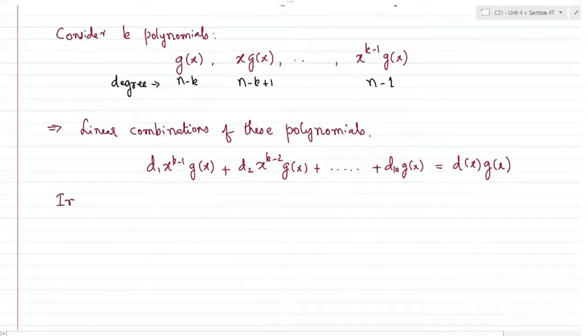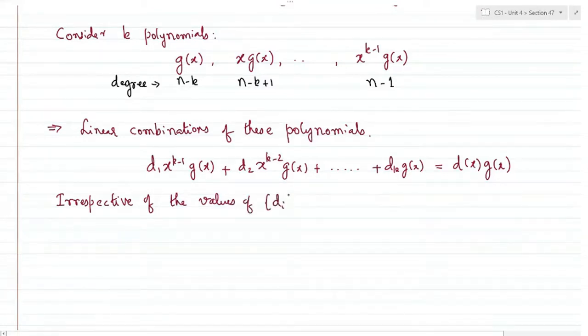So, carefully noting that fact, irrespective of the values of these di's, the order of d of x times g of x will definitely be less than or equal to n minus 1.